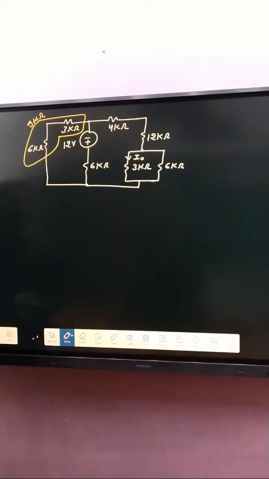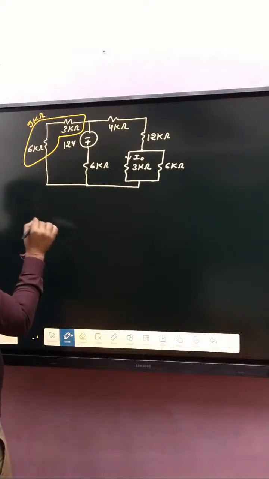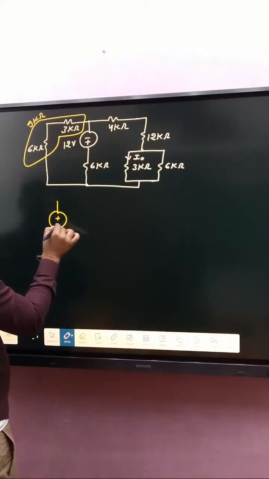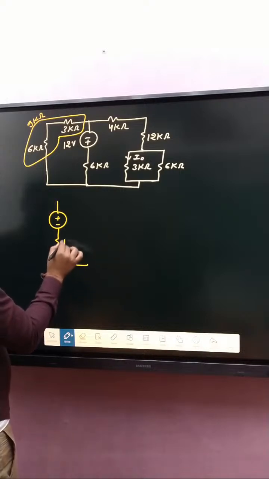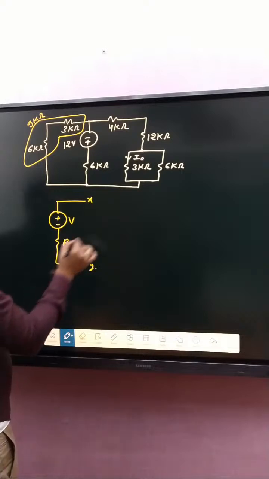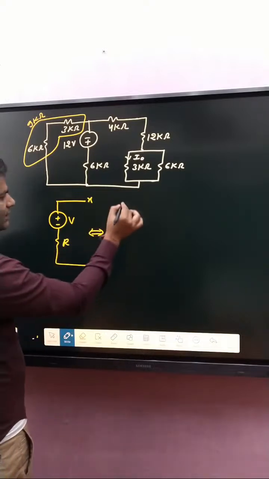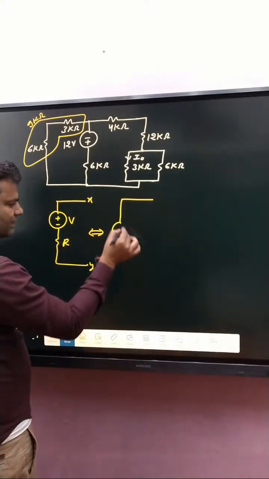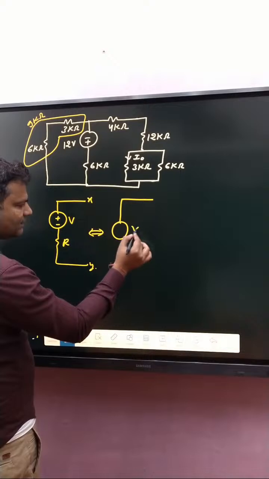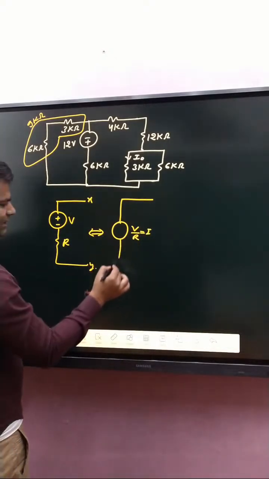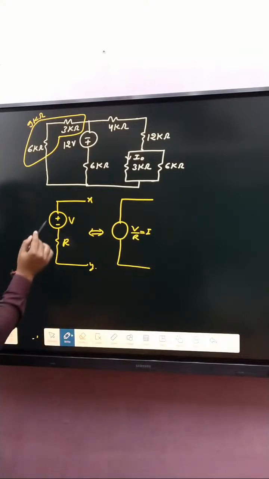If you apply source transformation here, I have already discussed source transformation. If a voltage source is given like that, plus minus, with a resistance R, and here V, and that is X, and here Y terminal, then you can convert it to a current source, current V by R, that is I. The direction of current is decided by the polarity of the voltage.